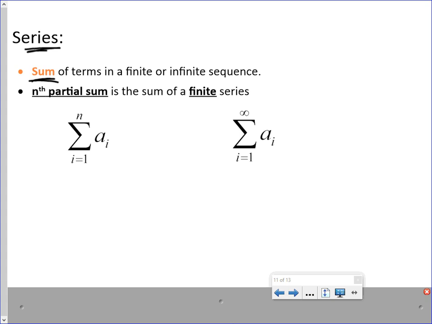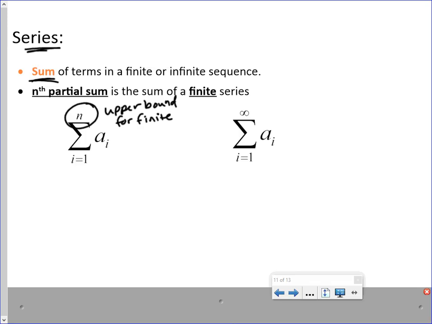And anytime the book talks about an nth partial sum, that's the sum of a finite series. So if it gives me the nth partial sum, then n is my upper bound. And that's a partial sum.